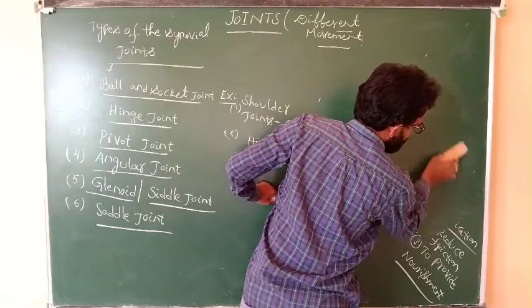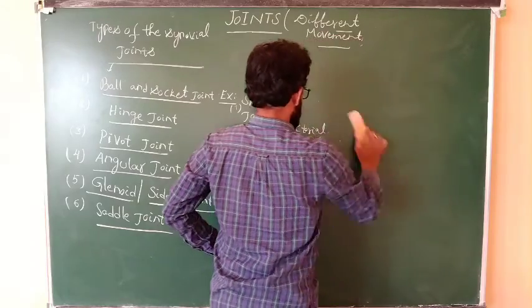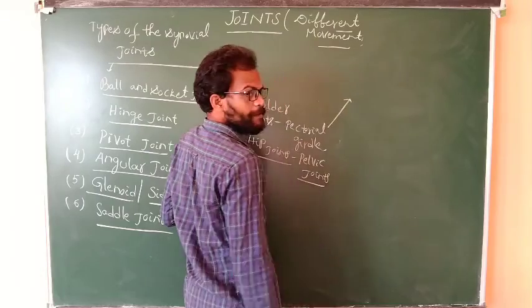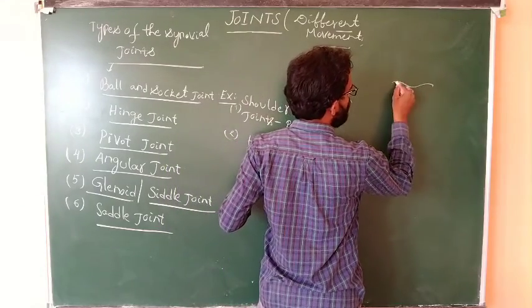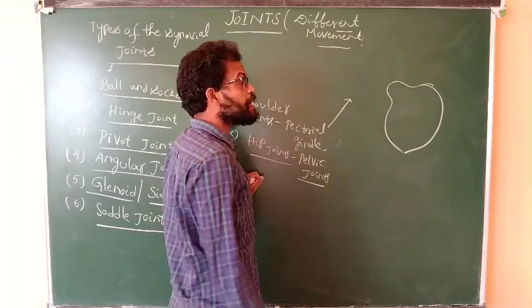The pectoral girdle means, if you observe, there is a glenoid cavity.